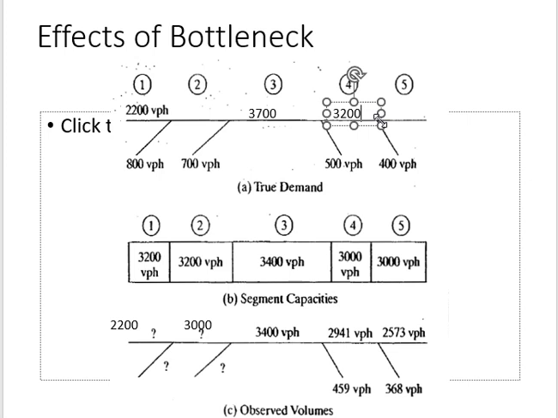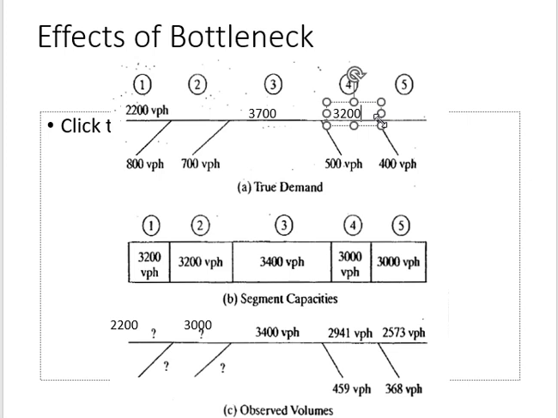So how many are stuck in queue? 300. So obviously some of those 300 must be going out from the ramp. The people who are going out from the ramp are part of this 3,700, right?